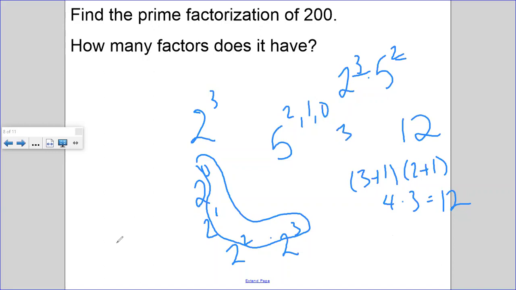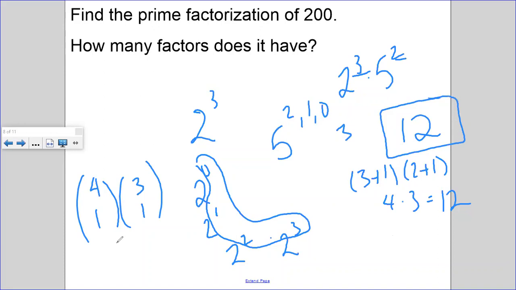So 3 options. This essentially is saying, hey, you have 4 options for your powers of 2, pick one. You have 3 options for your power of 5, pick one. And that gives us a total of 12 options. The shortcut being take your power, add 1, and multiply by the other power, add 1. Questions, comments, concerns on that?